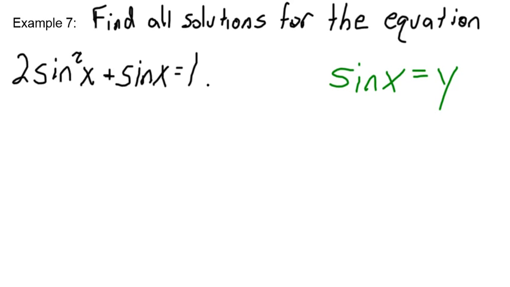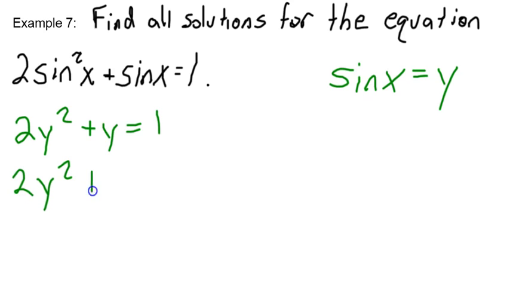The reason I would do that, if I let sine of x be equal to y, I can rewrite this as 2y squared plus y equals 1. And if I want to set this equal to 0, 2y squared plus y minus 1 equals 0.